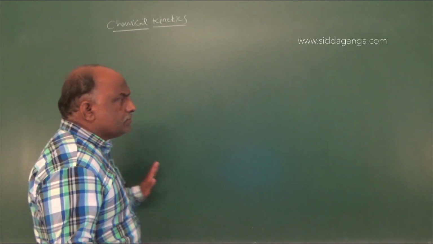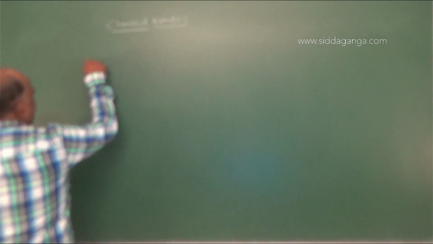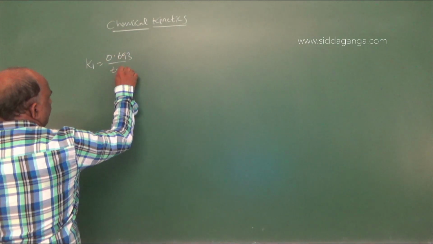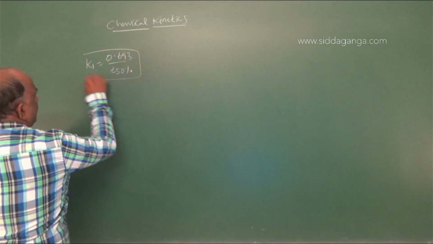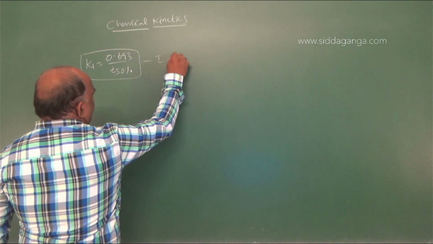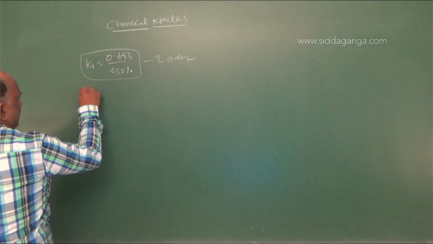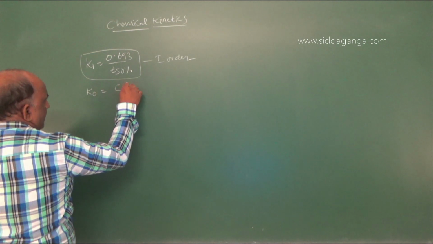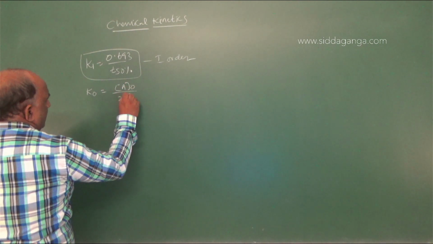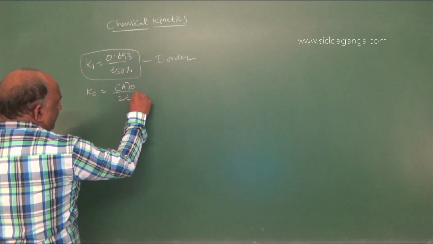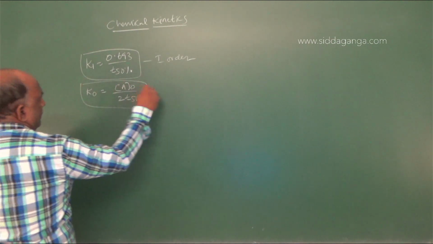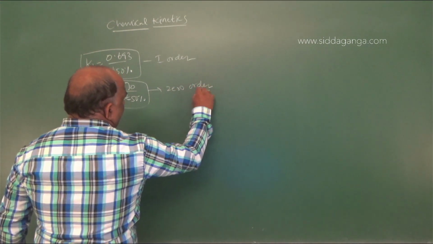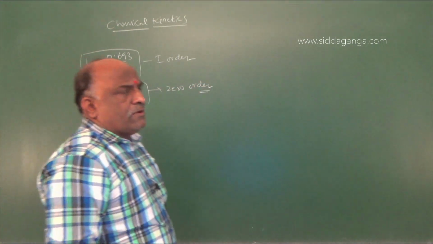So the final conclusion: K1 is equal to 0.693 by T50. Make a note, this is the first order. And K0 is equal to concentration of A naught by 2T50. This is zero order.